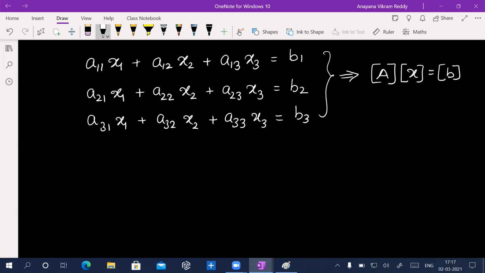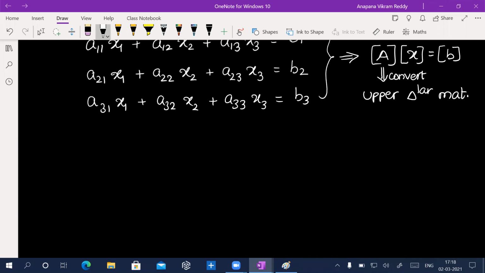Now this A, we will convert to an upper triangular matrix through the process of forward elimination, because to tackle this problem, two steps are required. The first is forward elimination, and the second is backward substitution.